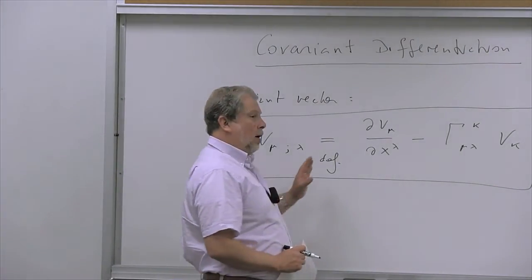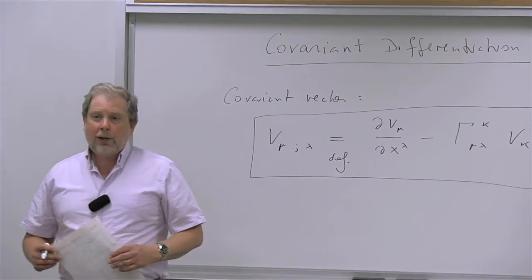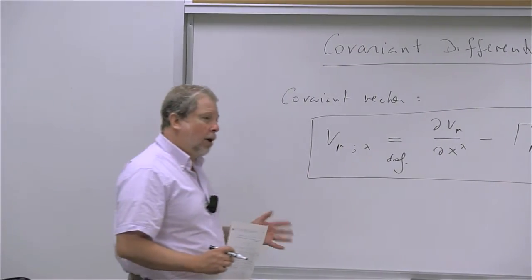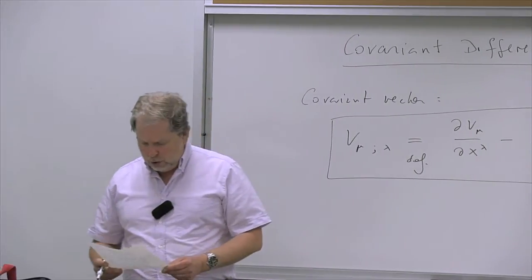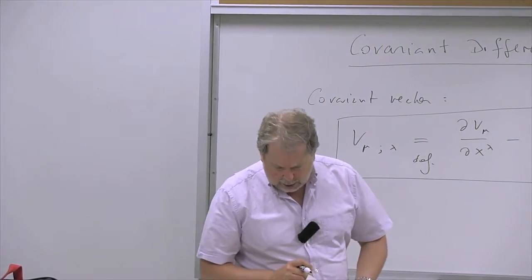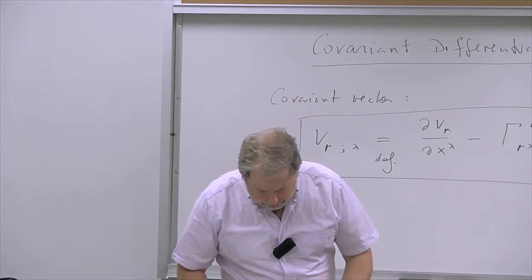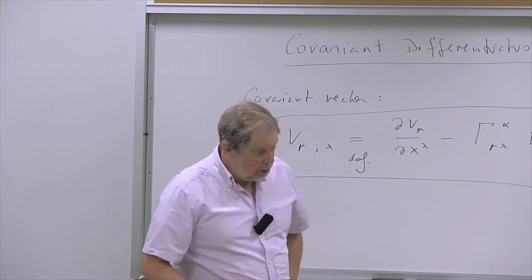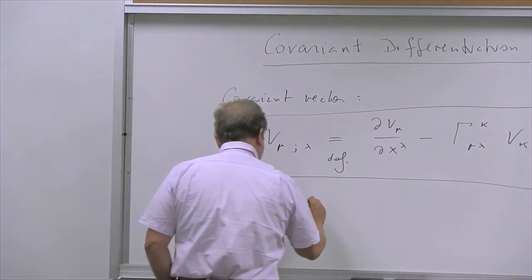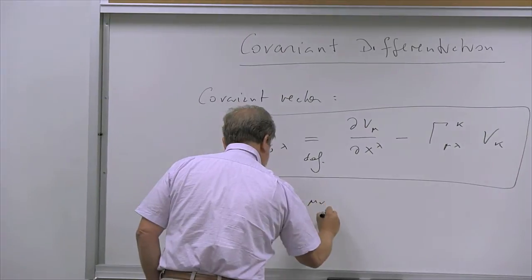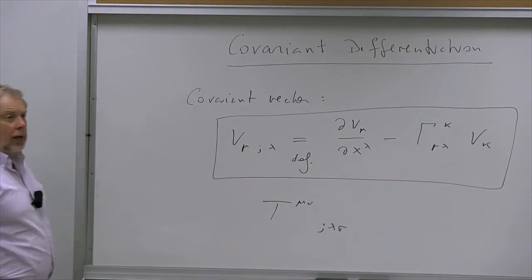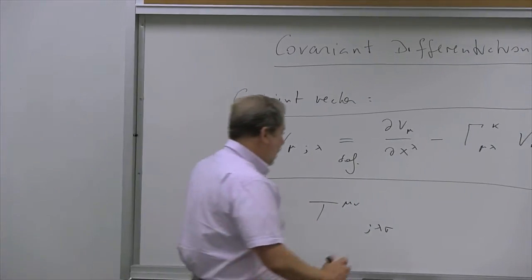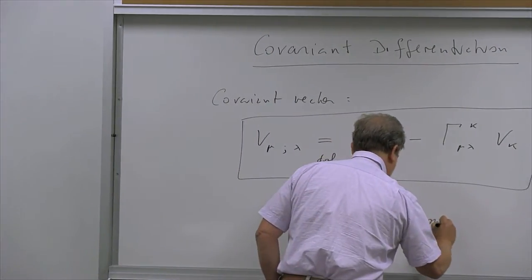So again, this object is a tensor, which means that if it is 0 in one coordinate system, then it will be 0 in all coordinate systems, which is not true of the ordinary derivative, right? Now, if you construct something that is more complicated, in the sense that if you have t mu nu and do a semicolon with respect to two indices, then the resulting expression is more complicated.